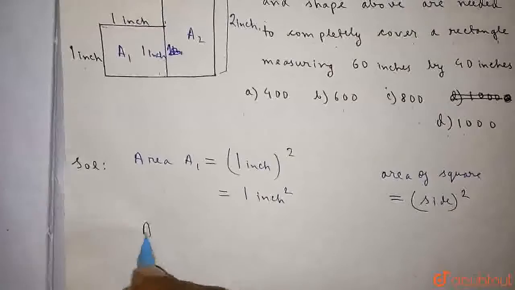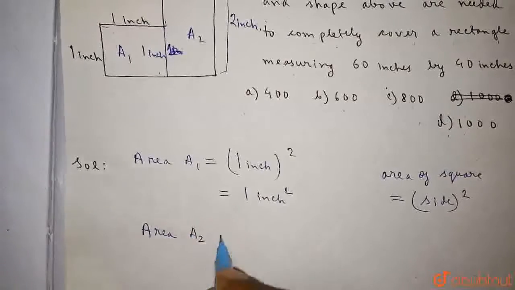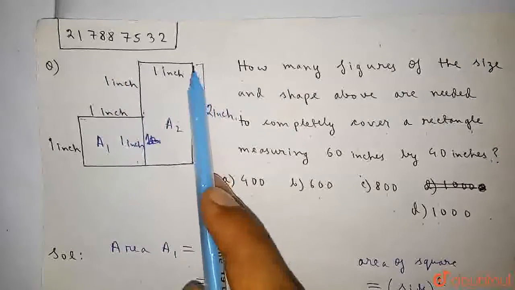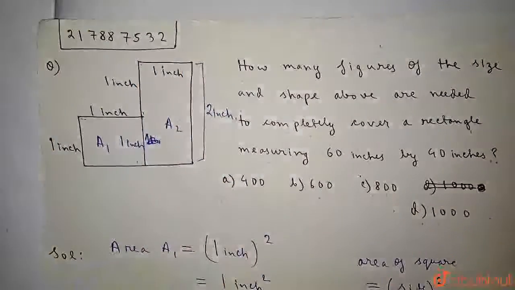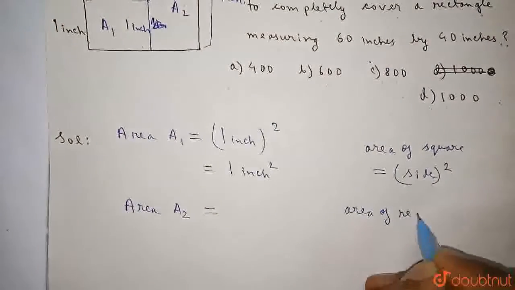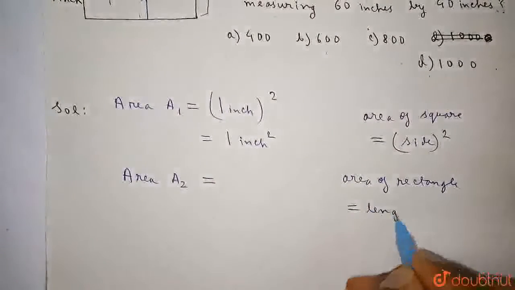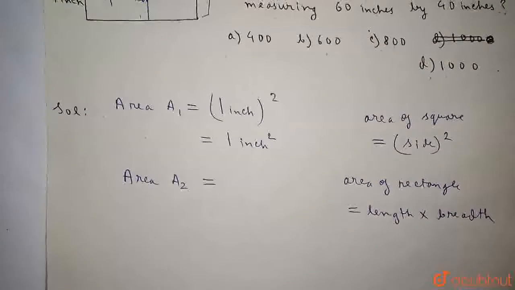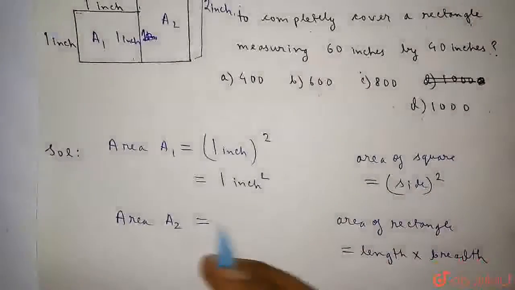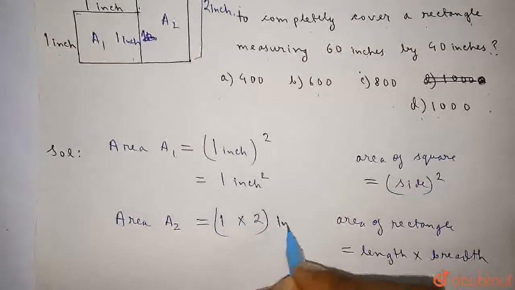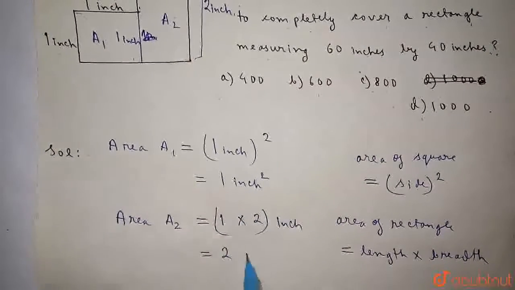And the area A2 is this area. This is a rectangle having one side as 2 inch and one side as 1 inch. So we know area of rectangle is length into breadth, so one side length is given as 1 inch and another side length is given as 2 inch, so the total area comes out to be 2 inch square.